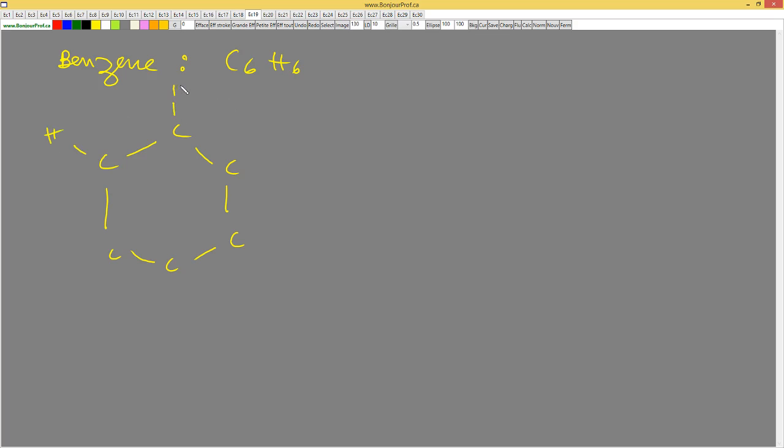But you have a problem here. Why? Because these carbons are not happy. This one has only 3 legs, it must have 4, because a carbon, as we said, always has 4 legs.